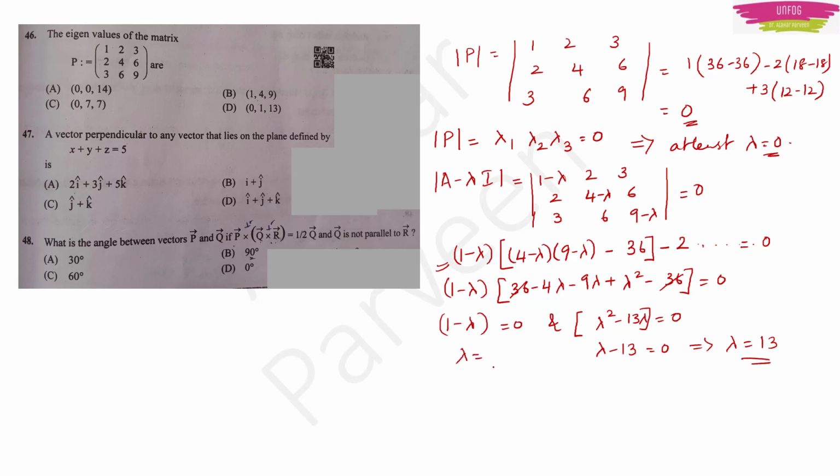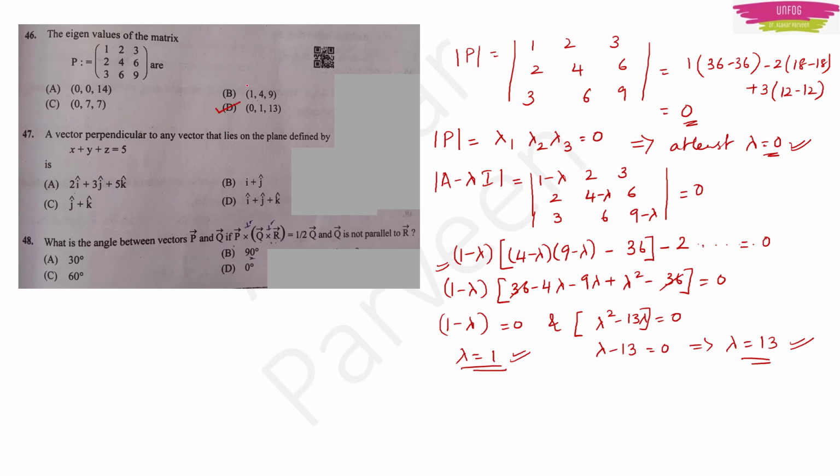And here lambda will be equal to 1. So I already know that one of the eigenvalues is 0. The other two eigenvalues I am getting are 1 and 13. So in the options I have 0, 1 and 13. Option D will be the right answer.